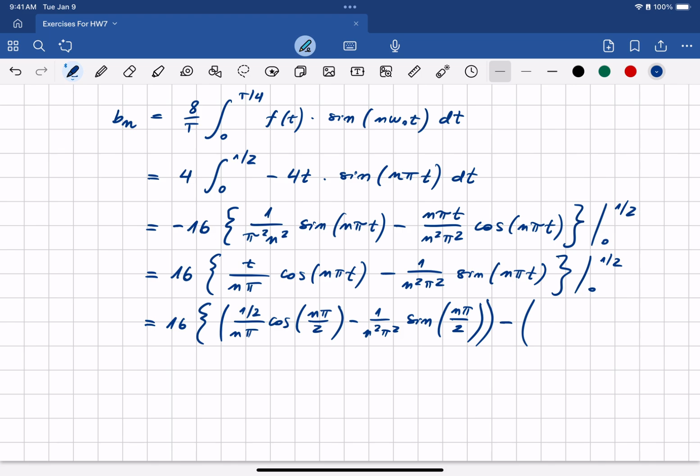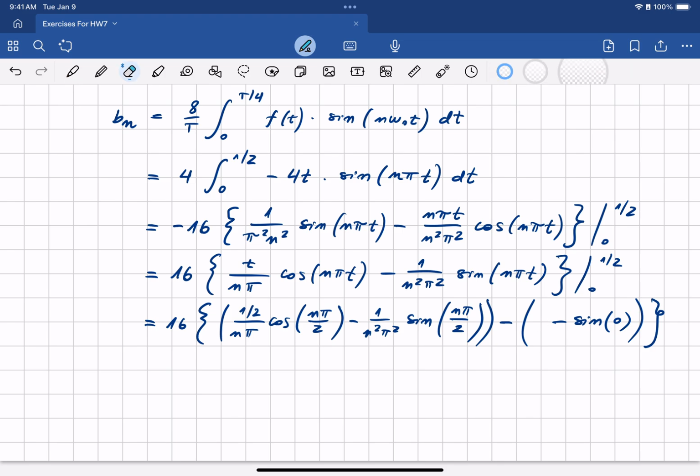So this is going to give us cosine of 0, which is going to be 1, minus sine of 0, essentially, which is 0 in this case, right?